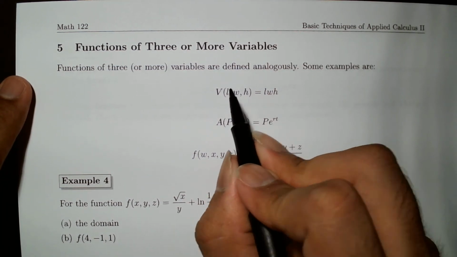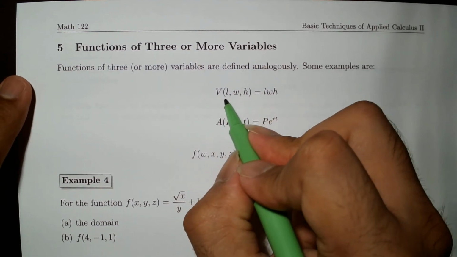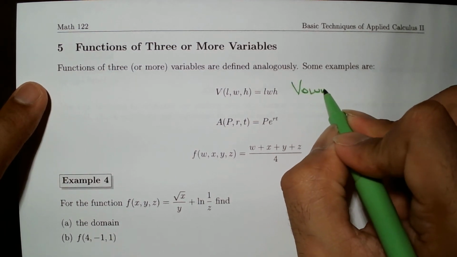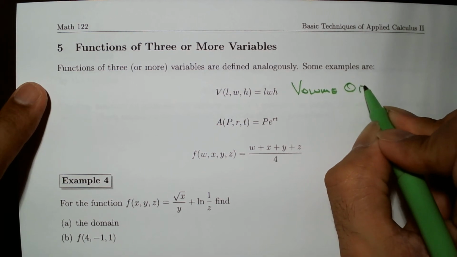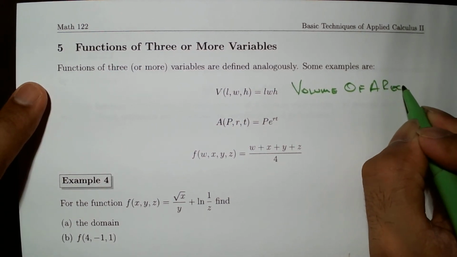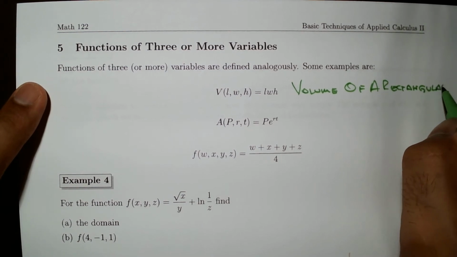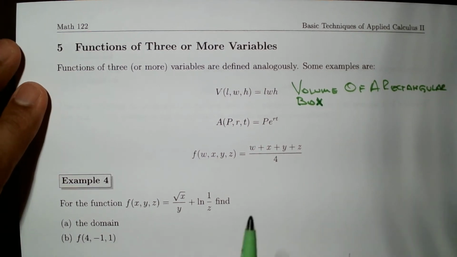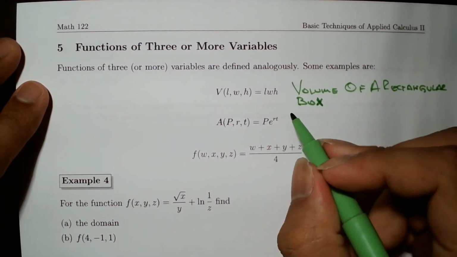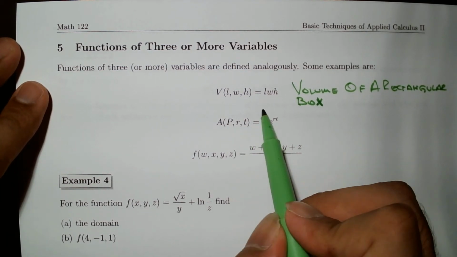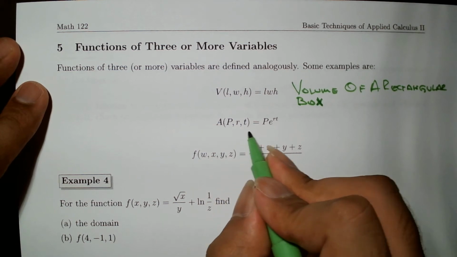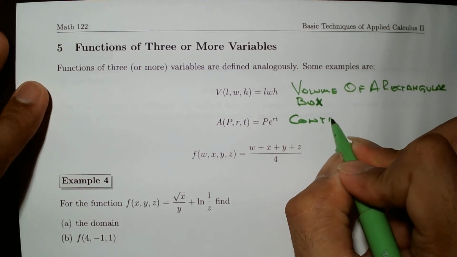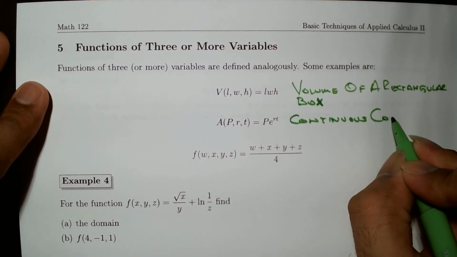If we observe this one, that's V of L, W, H. That describes the volume of a rectangular box, which we are going to be using soon. And for the next one, you might have seen this PERT formula, which is also a 3 variable function. It's for continuous compound interest.